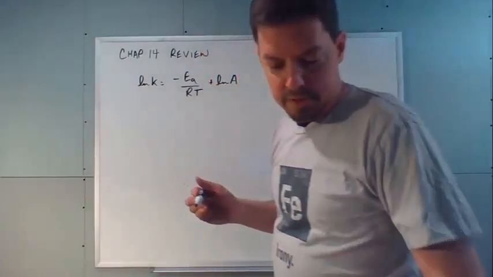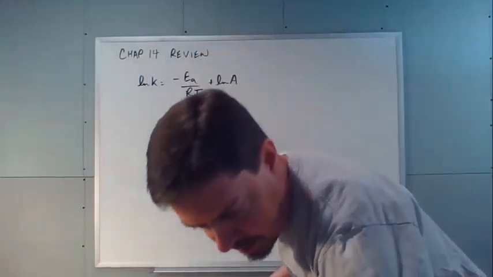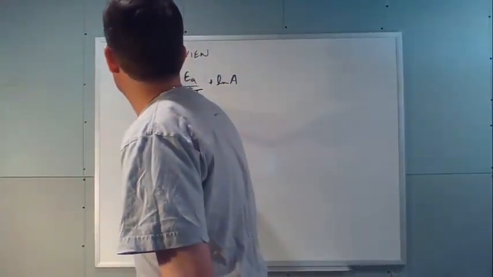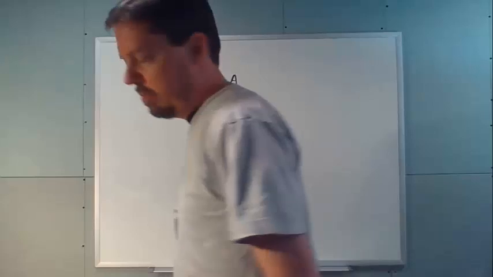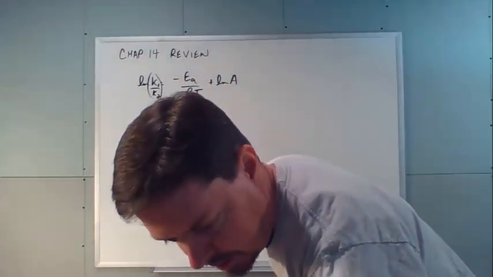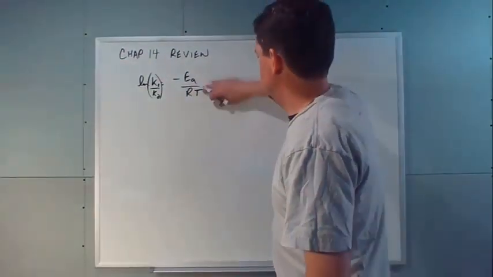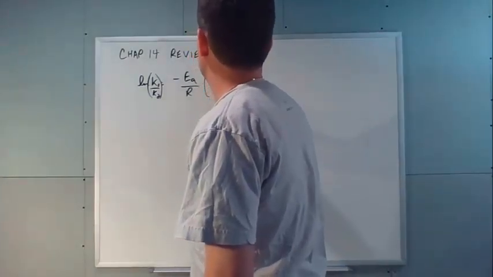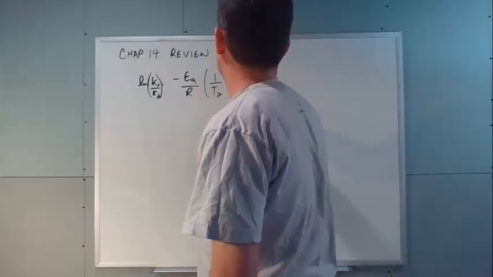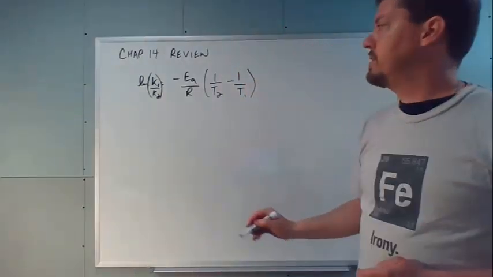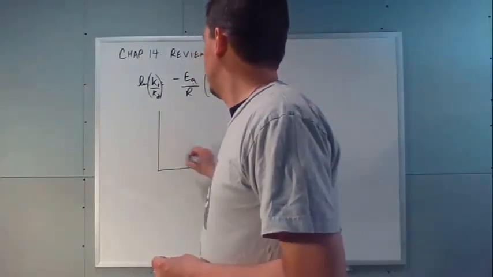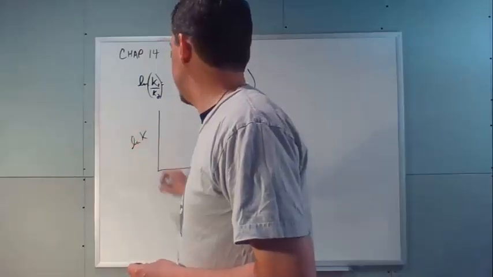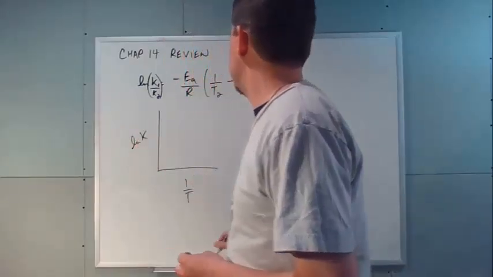So normally we look at the Arrhenius equation in the form of natural log of K1 over K2. And then we do it this way because now this is the graphical one where we can say, okay, natural log of K is here, 1 over T is here.